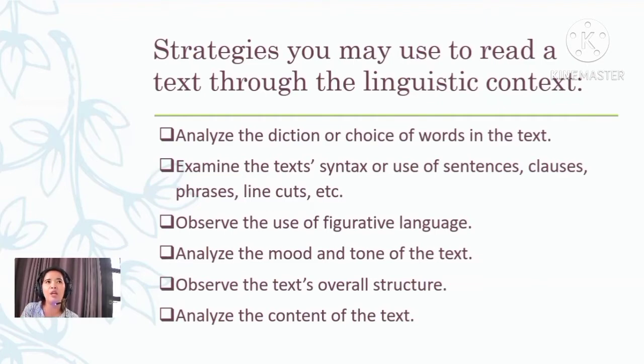Or some authors just use conjunctions or subordination like if, and. All the lines of their poems have an "and", a coordinating conjunction or whatsoever, because that's the style of the author. That's why you need to look into how the author used the words in his literary work. Third, observe the use of figurative language.